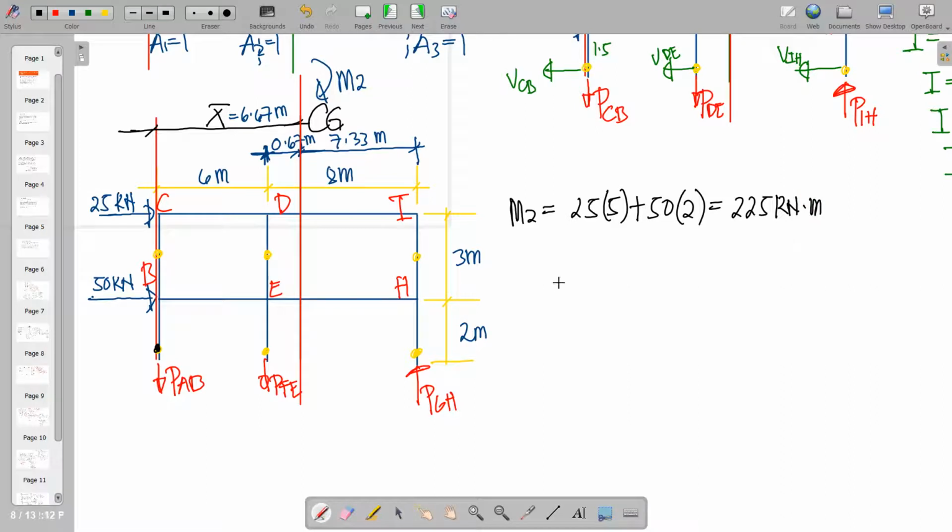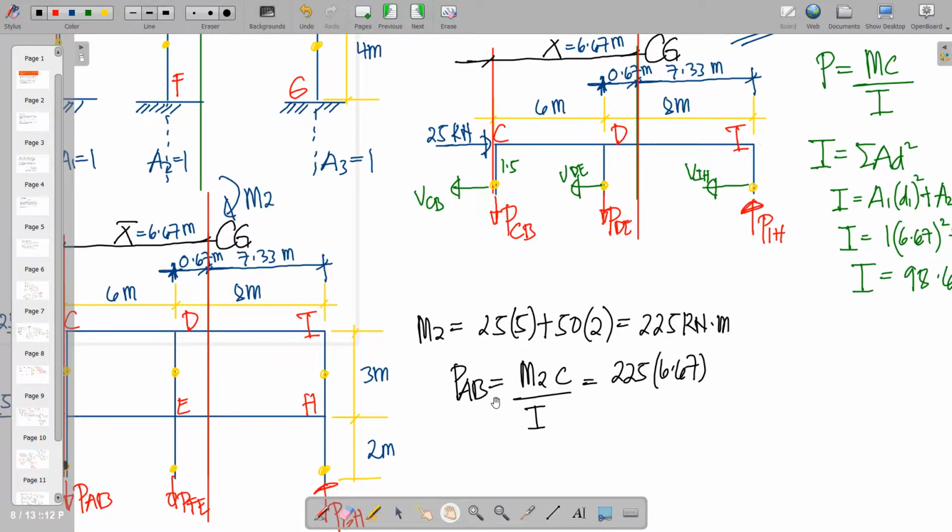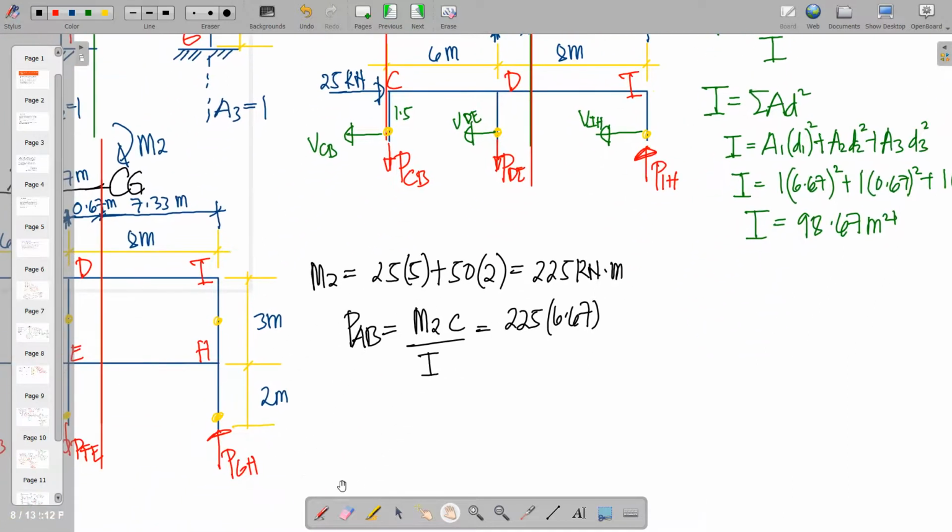Okay, then from this we can compute for PAB. So we have MC over I, M2, C over I, 225. So the distance from the centroid is 6.67. So we're going to use the same I, 98.67.